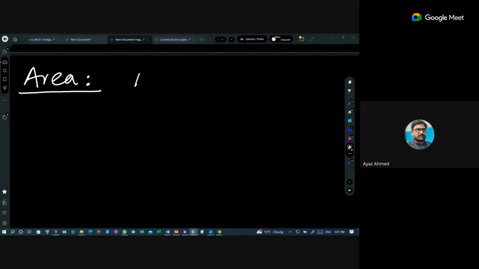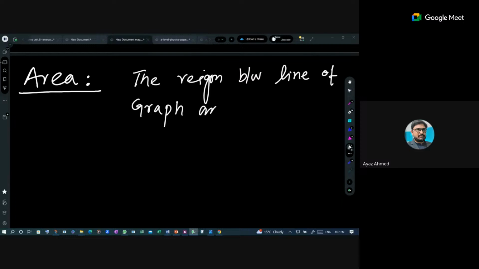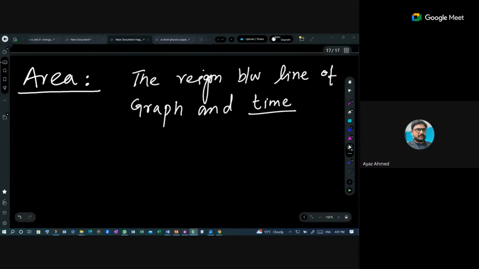So it is basically the region between the line of the graph, or curve of the graph, and the time axis. Remember this thing. This is a very important explanation of where we have to take the area. Usually the x-axis is the time axis and the y-axis is distance, displacement, or whatever.